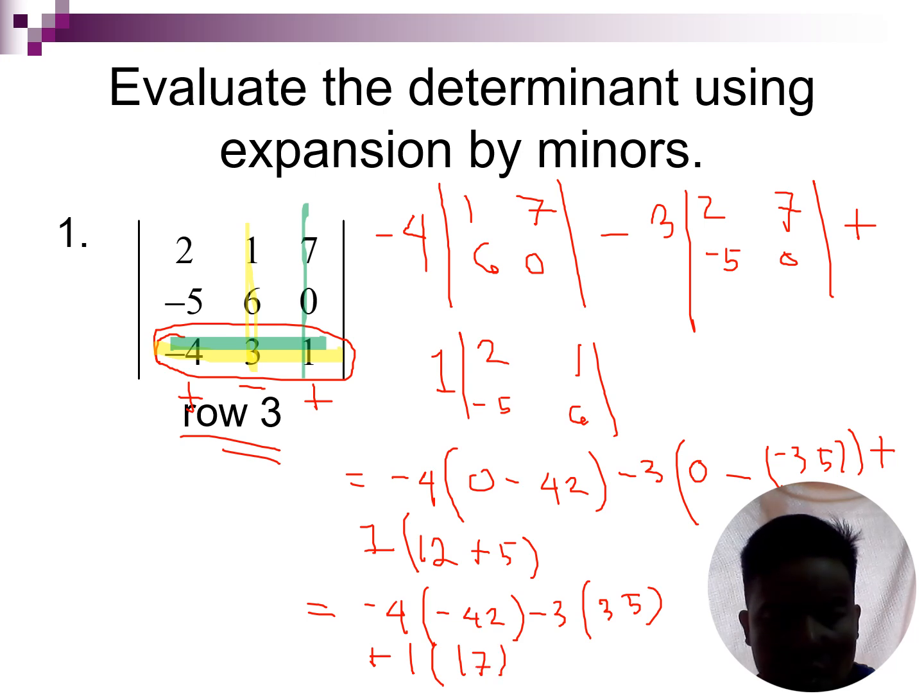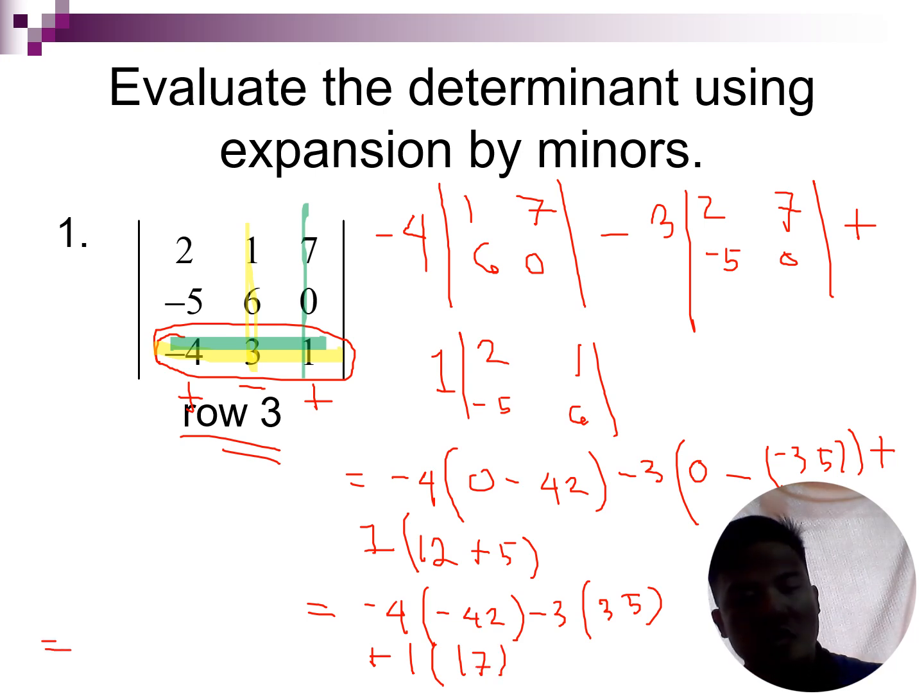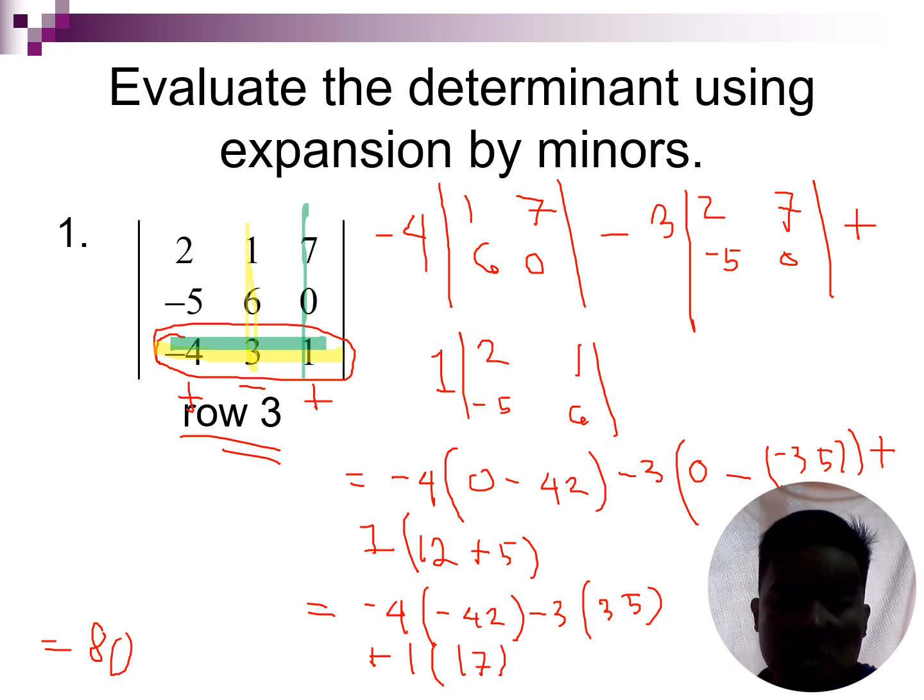So doing the operation, wait, let me compute this one, plus 17, we would arrive at a determinant of 80. So that would be our answer using the third row.